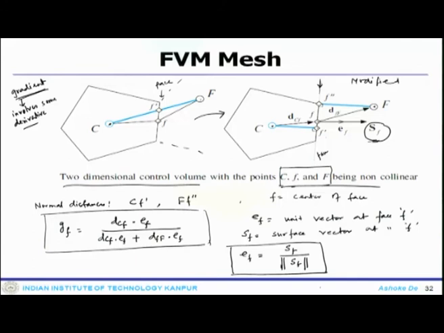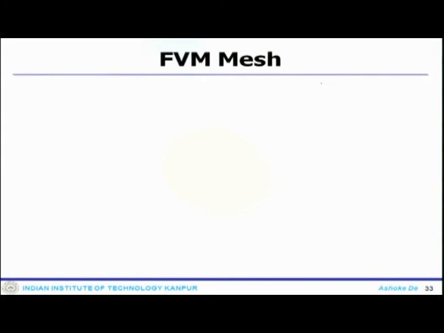So, when you come down to the face, flux calculation is a must, and there you need the normal calculation and all this. So, if we sum up the whole business, the mesh, or the grid, is an inherent component of any finite volume calculation.